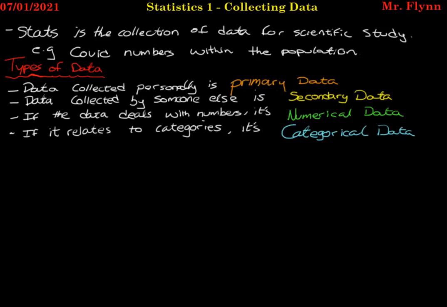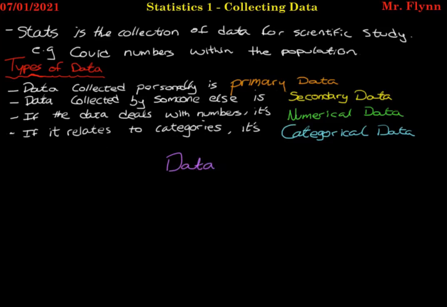All right, so we're just going to basically draw this out a little bit more, in so far as we want to be able to break down both our numerical and our categorical a little further. All right, so if we just put up the overall heading here, data, so that's going to include both our primary and our secondary data.